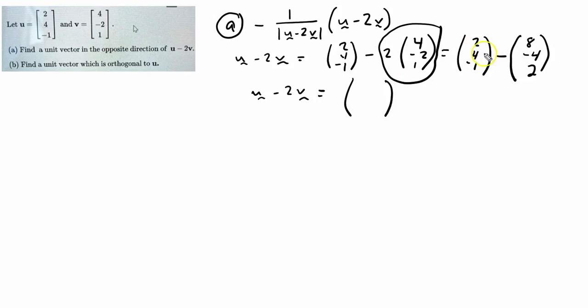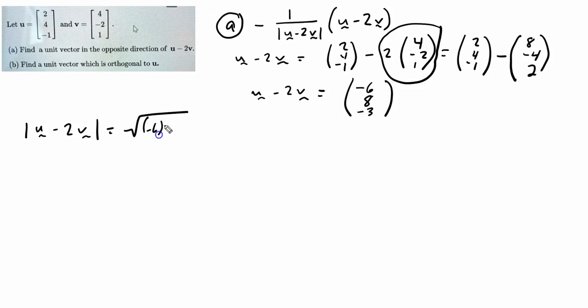I'll have 2 minus negative 8. Then I'll have 4 minus negative 4, which is 4 plus 4. And then I'll have negative 1 minus 2, which is negative 3. Okay, so that's my vector u minus 2v. Now let's get the magnitude. And that's going to be the square root of each of these coordinates all squared.